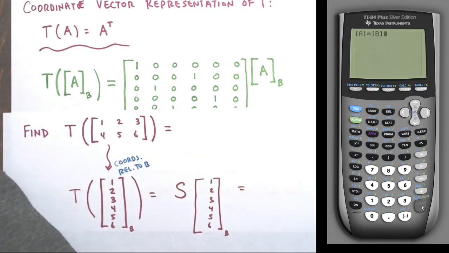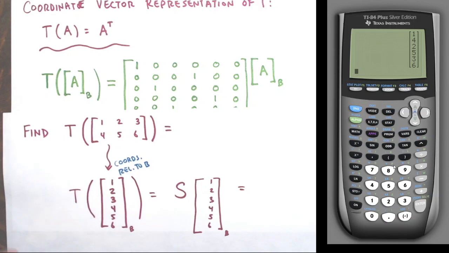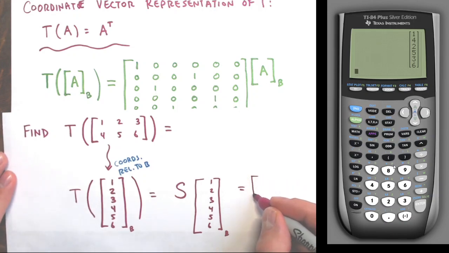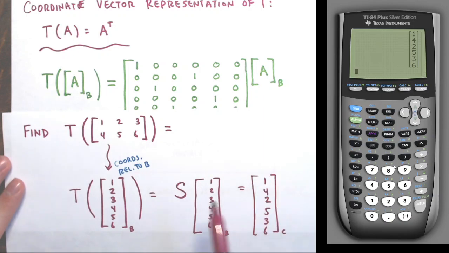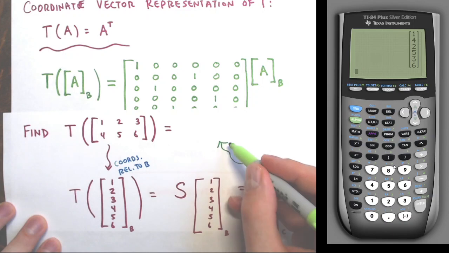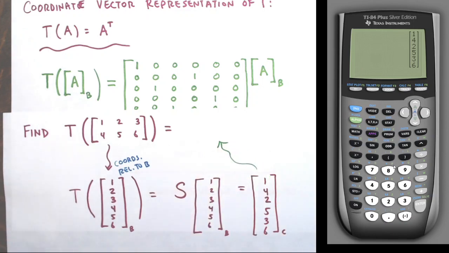And look what we get when we enter this. This is 1, 4, 2, 5, 3, 6. We get 1, 4, 2, 5, 3, 6, and this is with respect to C, the standard basis for those 3 by 2 matrices.